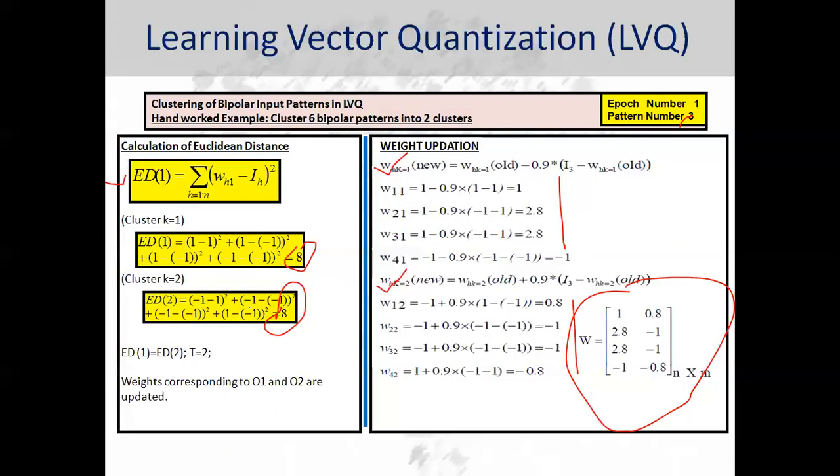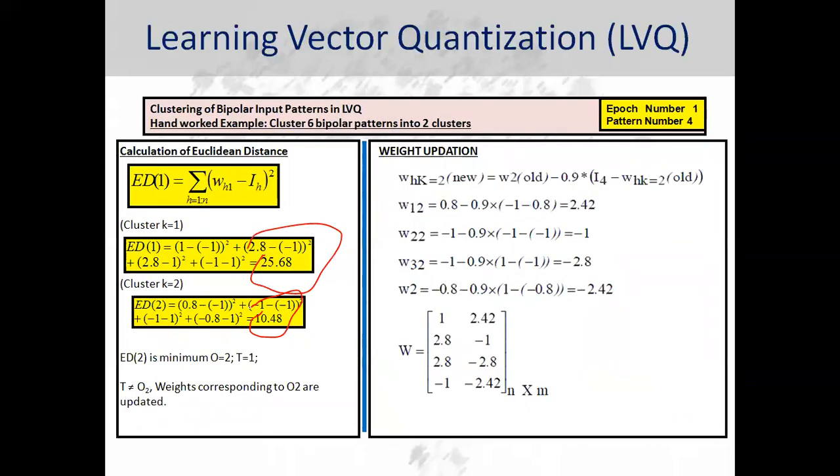What is the winner for pattern number 4? It is 2. So again there is a mismatch. It means we have to weaken the weight vector for cluster number 2.